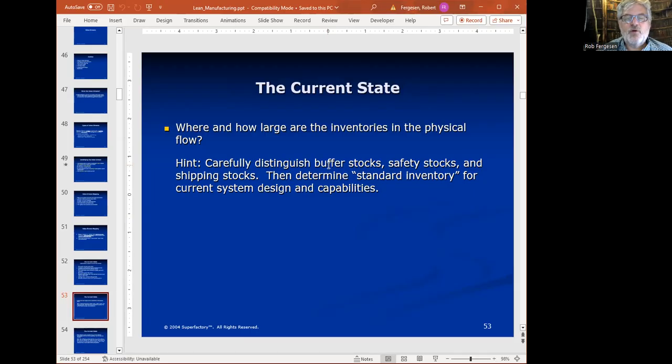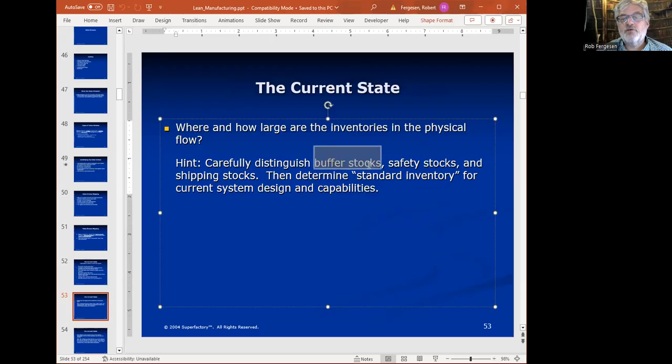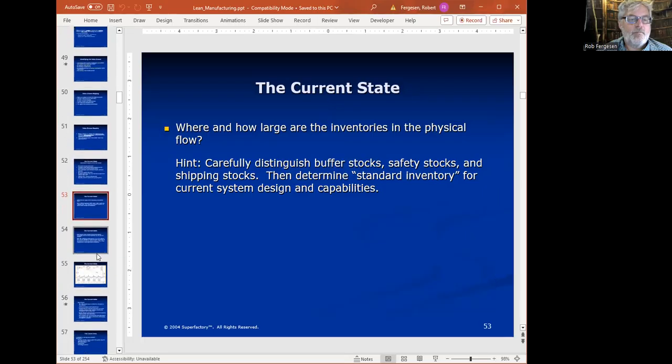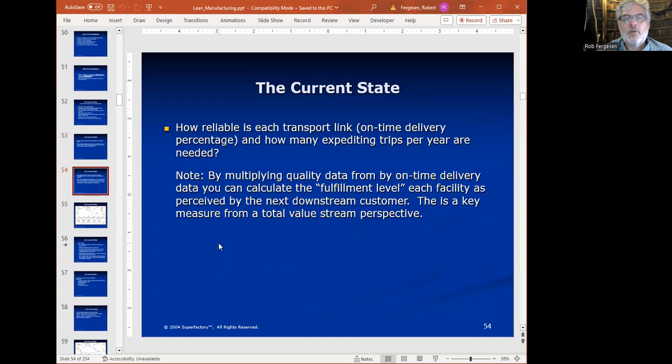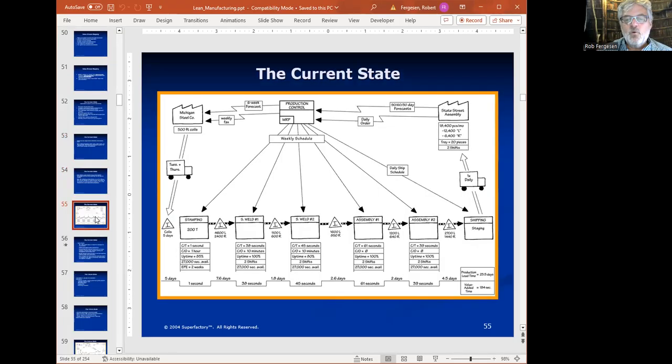And they give you a hint. Try to distinguish buffer stocks, safety stock, and shipping stocks. And ask questions.